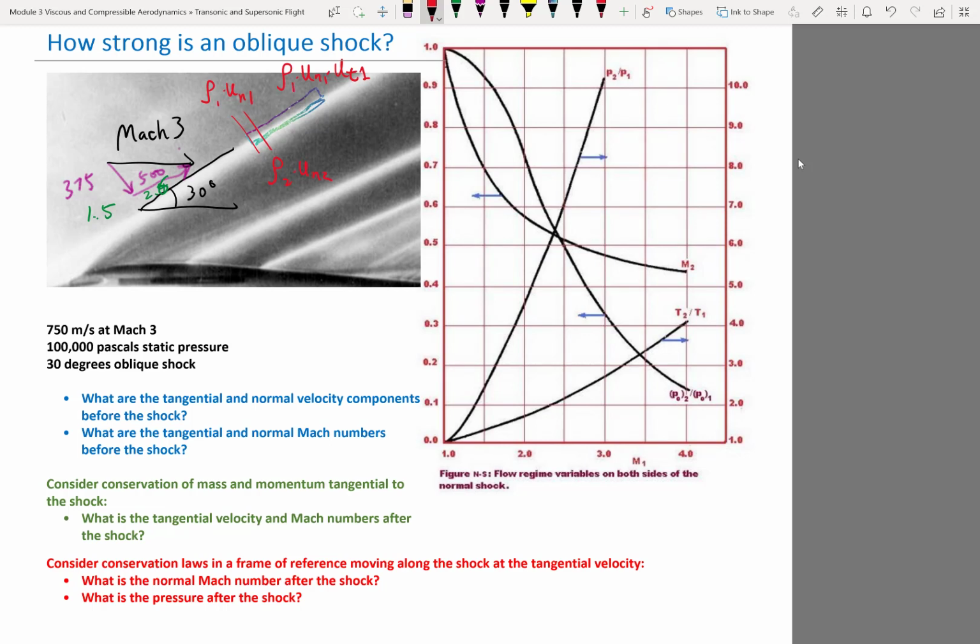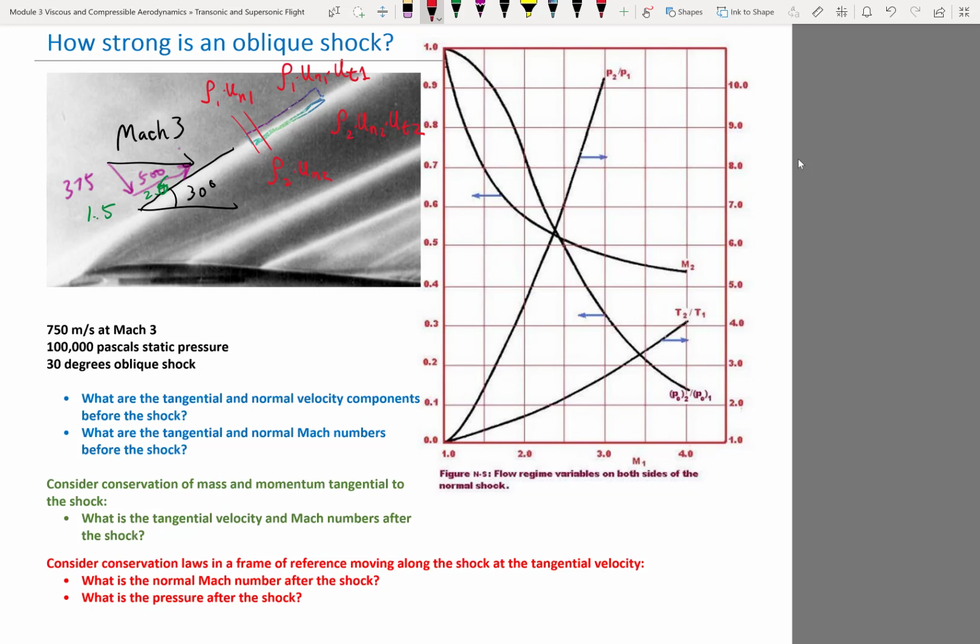Similar, right? So that's rho 2 times u normal 2 times u tangential 2. Agreed? Can I just say these two are equal? Conservation of momentum? No? What am I missing? There is a force, right?